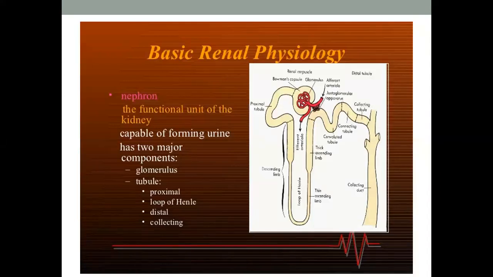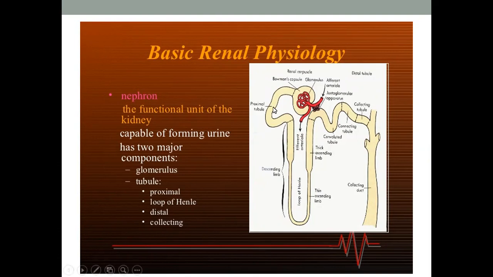Reminder of the basic renal physiology. You remember the nephron. A nephron is the functional unit of the kidney, which is capable of forming urine. And it has two major components, the glomerulus and the tubules. This is a schematic diagram of what a nephron looks like.